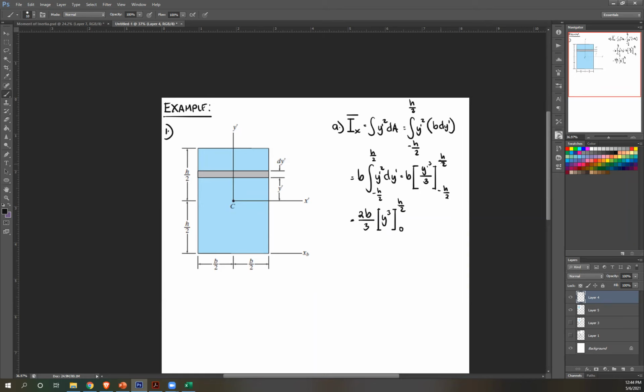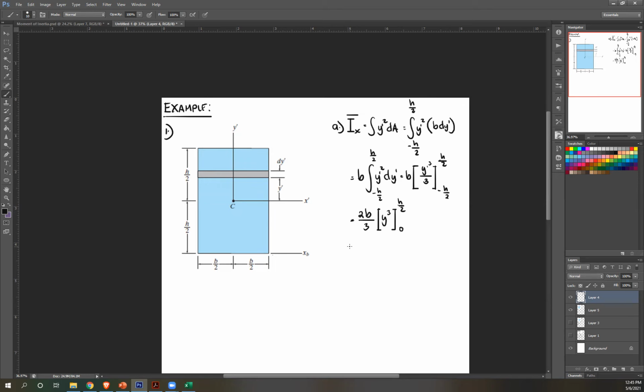So in short, instead of integrating from this point to this point, since it's symmetrical, I can just start from your center upward and multiply this by 2. So that's what happened here: multiplied by 2, and instead of negative to positive, it's from 0 to positive.